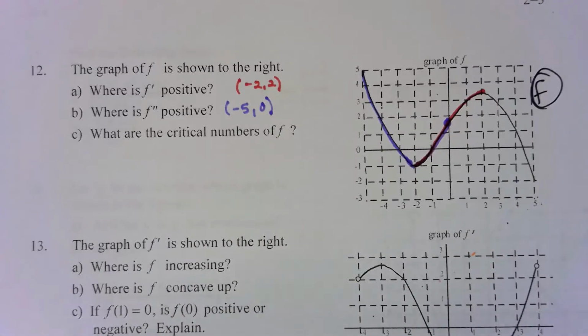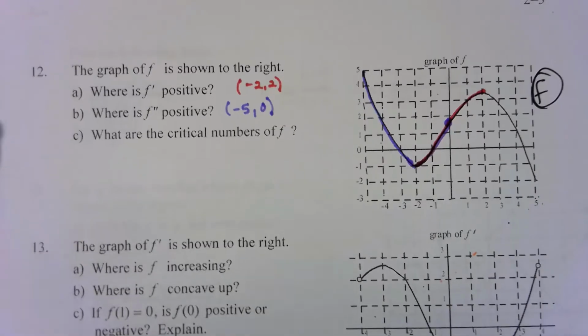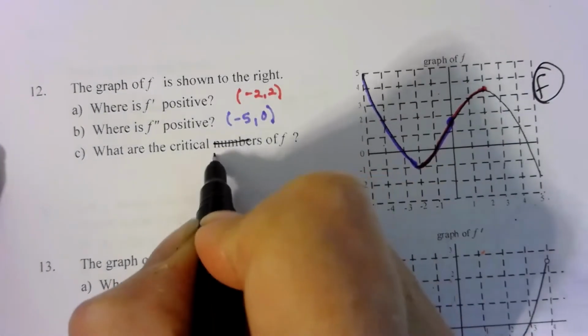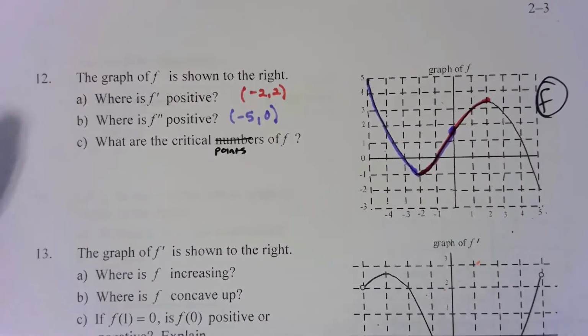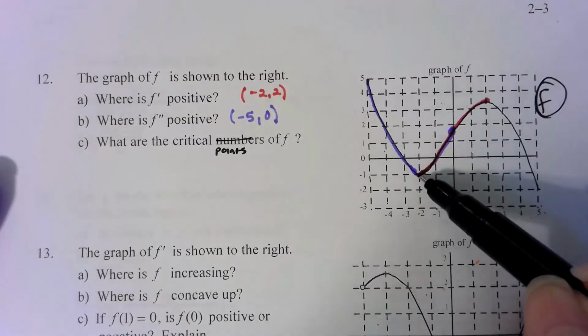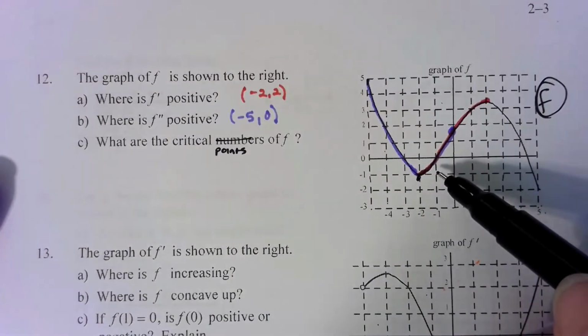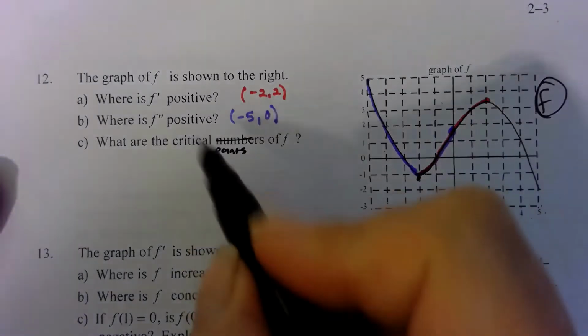And then it says, what are the critical numbers of f? So it means critical points. The critical points are where the maxes and mins are. So we'd have one critical point right here, which is -2, -1.